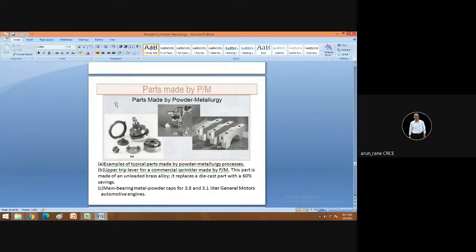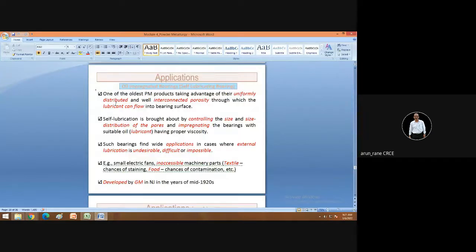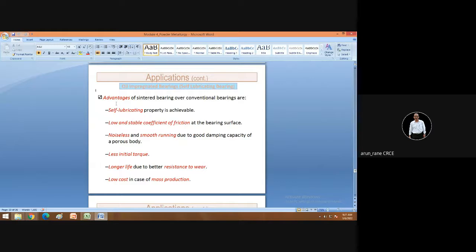That's why wherever there are rotating parts like bearings, gears, shaft, axle shaft, powder metallurgy is suitable, because they are self lubricating because of the porosity.